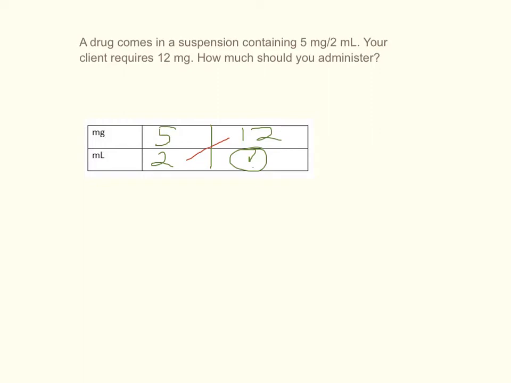So to find my question mark value, I'm going to multiply 2 times 12 and divide by the 5, which is the number that's left over, the number that's diagonally opposite what I'm looking for. So my answer is going to be 24 divided by 5. And 24 divided by 5 is 4.8.